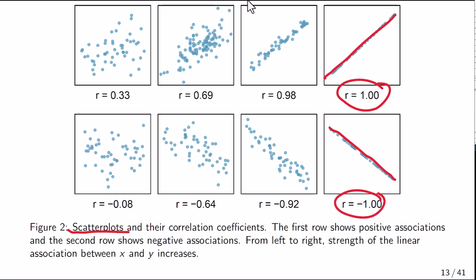it's -1. For a strong positive relationship, you can see those dots are not perfectly on a line as in the R equals 1 case, but they are still what? You can easily eyeball a line, right? The same thing for the negative part, because those dots are scattered around very closely to this line. Think about the weak positive case, the first one.